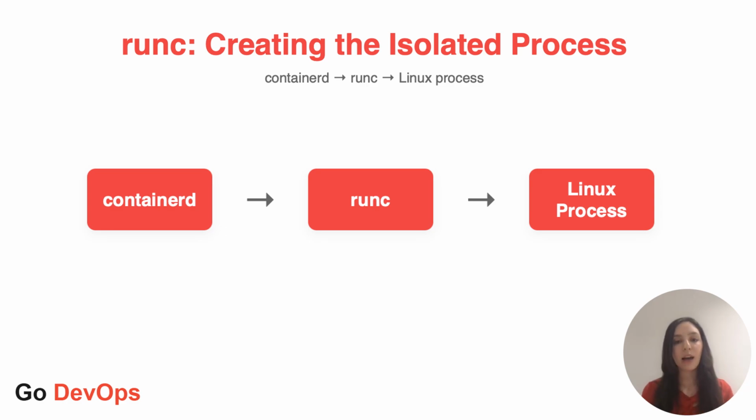This means that the process will run in complete isolation from the host and other containers, just like a regular process on the system, but with these important boundaries in place. runc is the tool that launches the actual process, ensuring it runs securely and independently in its new home.